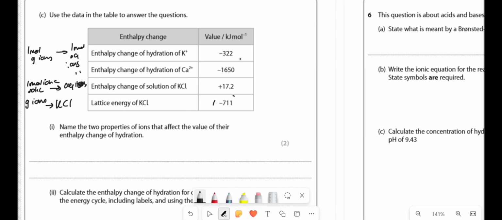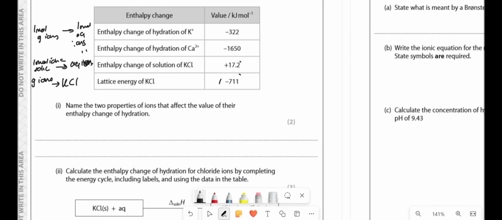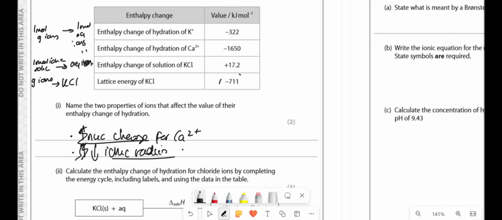There's no shielding between these two because they're in the same shell, they're in the same period because they're right next to each other. So the two things are that you've got an increasing nuclear charge for Ca2+, and that makes the bonds stronger when it's forming them with water. And as well as that, you've got a smaller ionic radius. Oh, it's just saying what they actually are, to be honest. You don't have to make the comparison, it's just saying those two, but there you go.